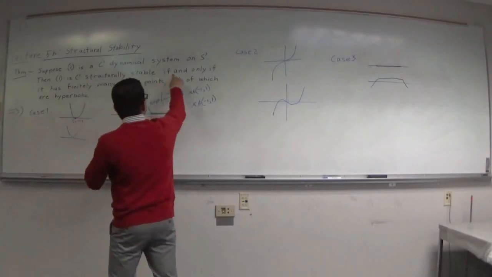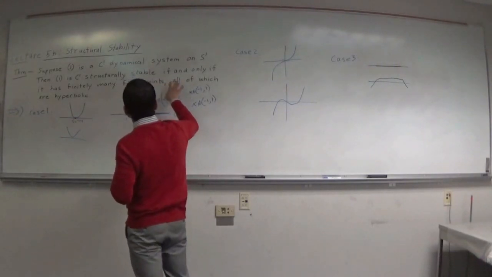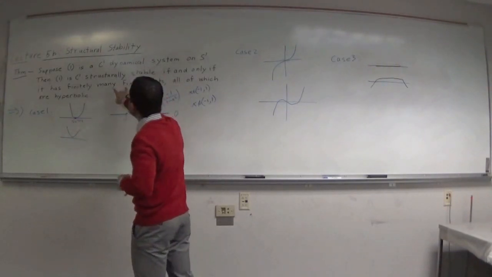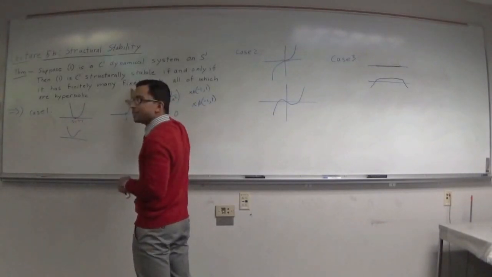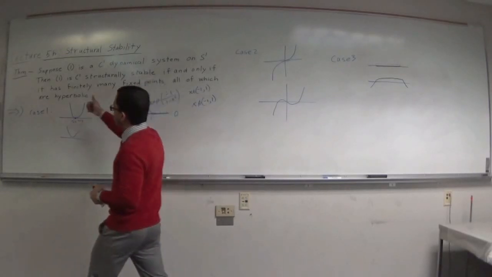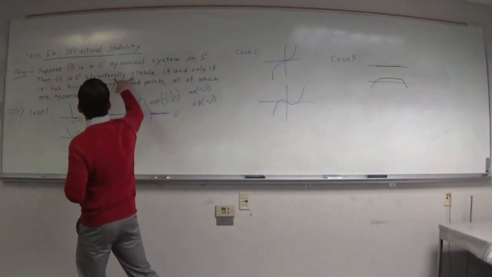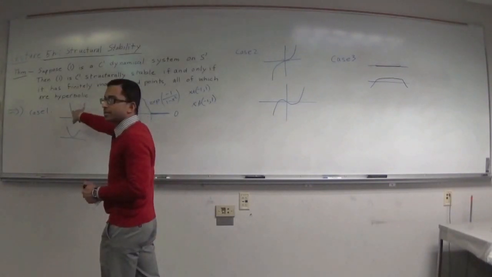But we have an if and only if over here, right? So we have to show that it's structurally stable only if we have this, but if it's structurally stable, then we have this. But now what we can do is just use the converse. So in order to go this way, we're saying that if something is structurally stable, then it has finitely many hyperbolic fixed points, right?